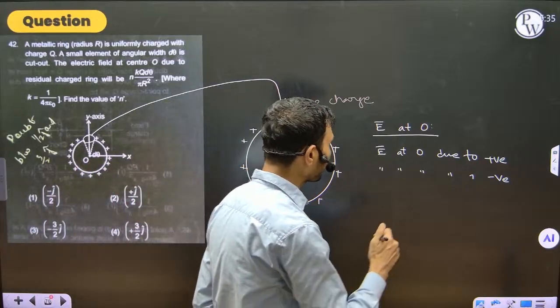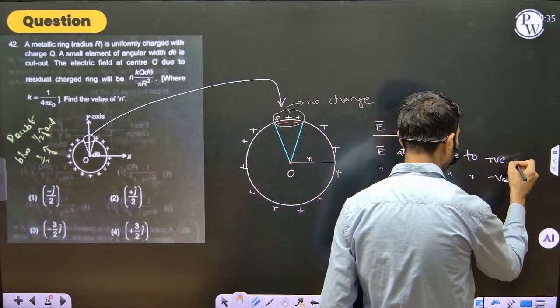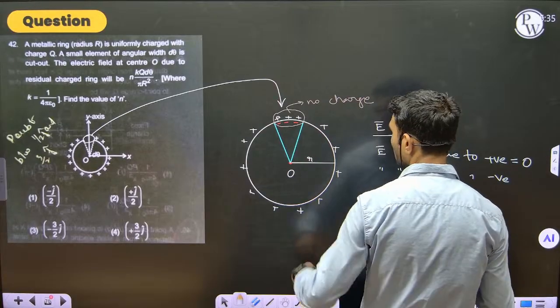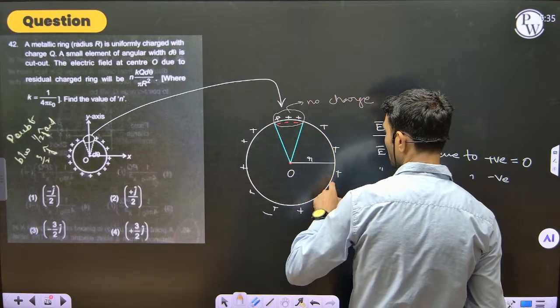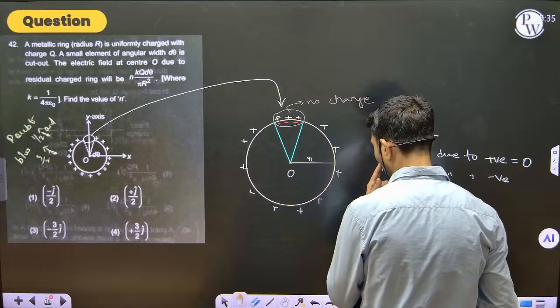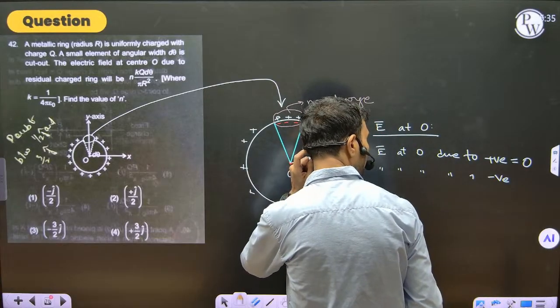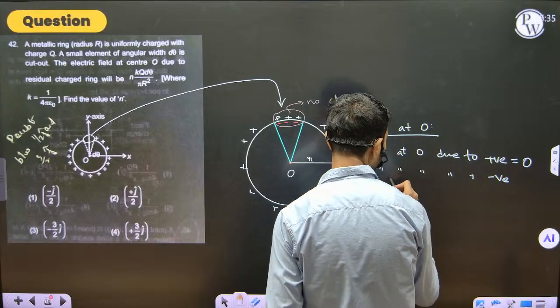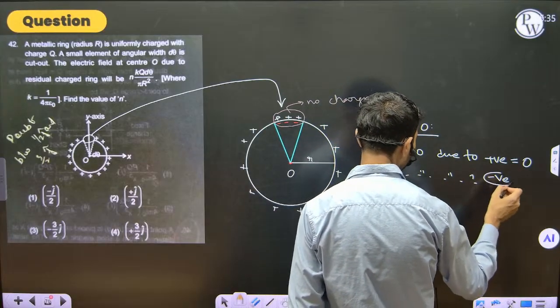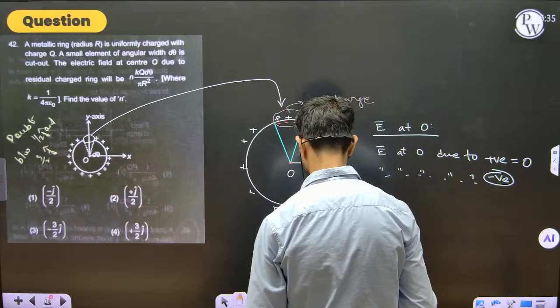But what is the electric field at O due to all the positive charges? This answer will come out to be 0, because all the positive charges will send electric field against each other, making it 0. So the electric field at O will only be due to the negative charge.